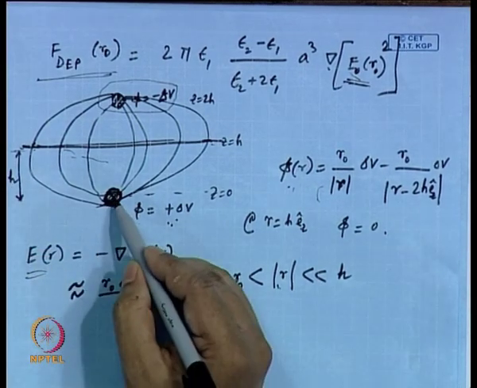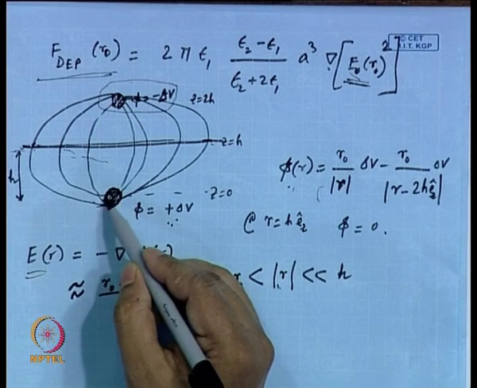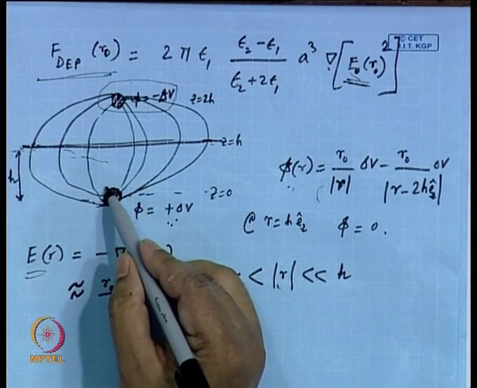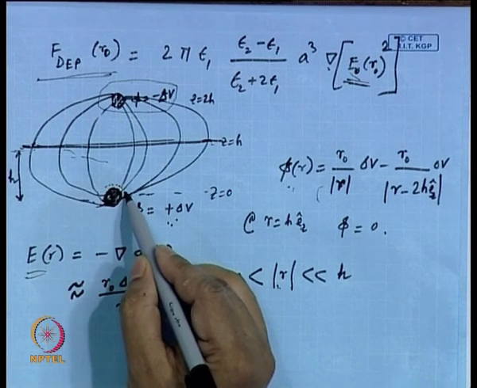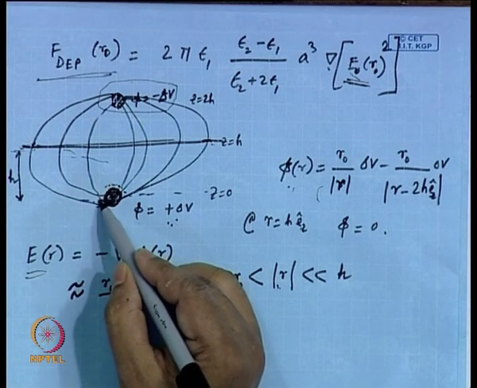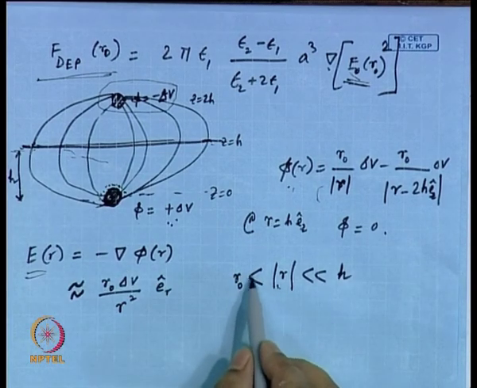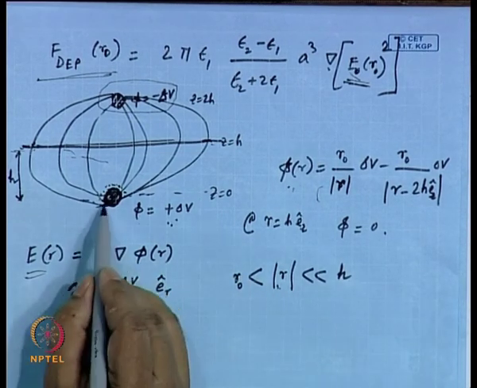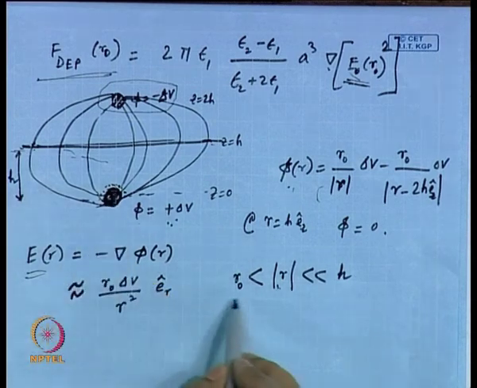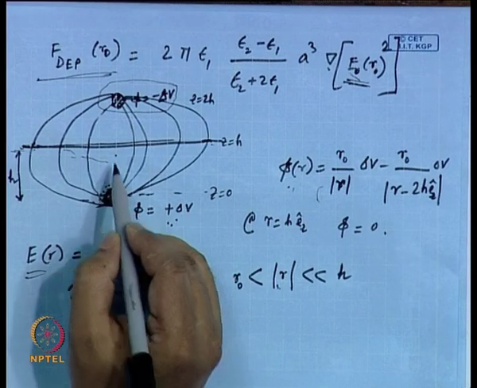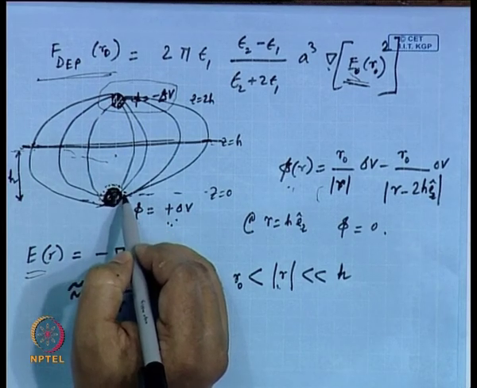So, the position that we are interested in from the center of this point electrode is here, because if the particle has to be trapped, it will be trapped around this location. This position is of course greater than r0, that means it has to be outside the electrode, that is for certain, but it is much less than h. It is not here that you are trapping the particle, you are trapping the particle here.